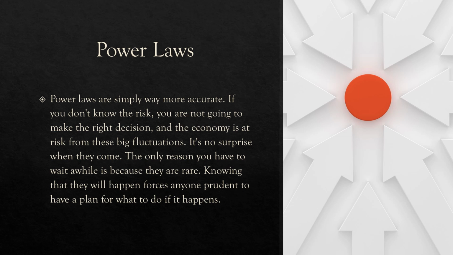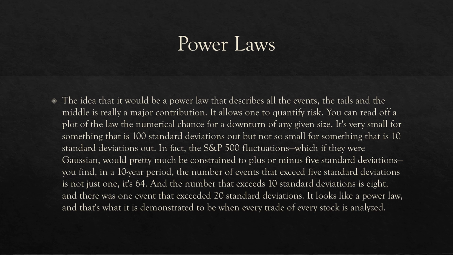The only reason you have to wait a while is because they are rare. Knowing that they will happen forces anyone prudent to have a plan for what to do when it happens. The idea that it would be a power law that describes all these events, the tails and the middle, is really a major contribution.